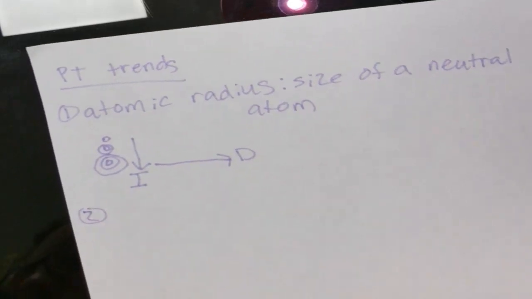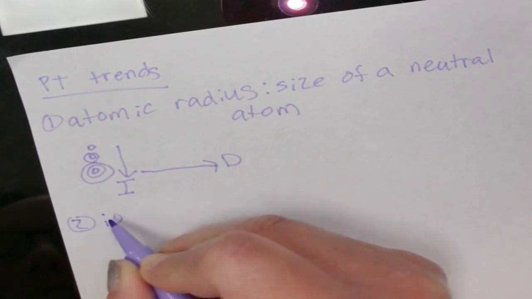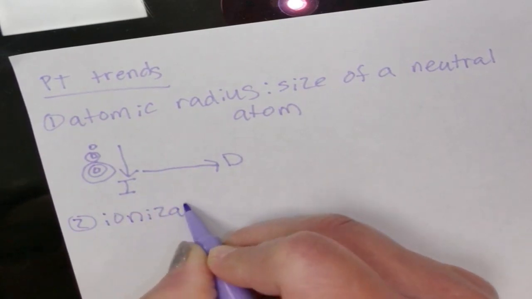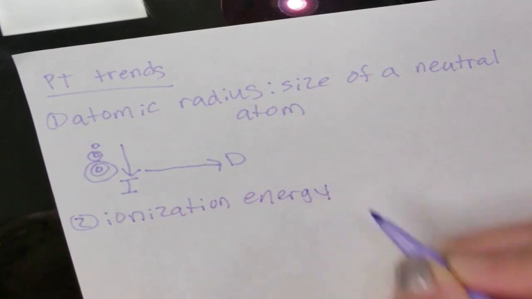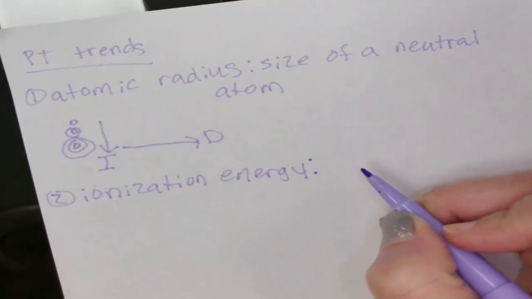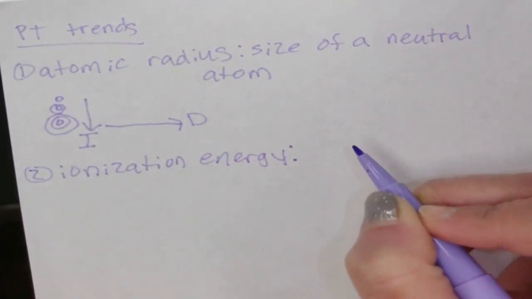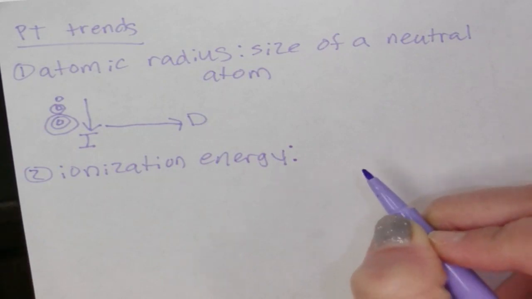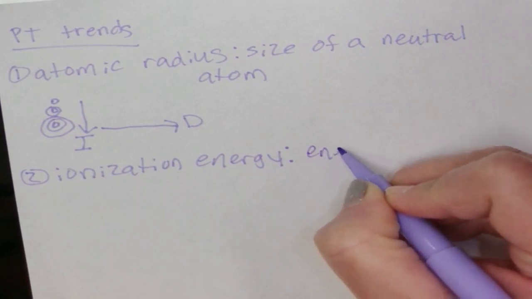All right, the next trend that we're going to look at is going to be the trend of ionization energy. What is ionization energy? Ionization energy is defined as the energy needed to remove an electron from a neutral atom.